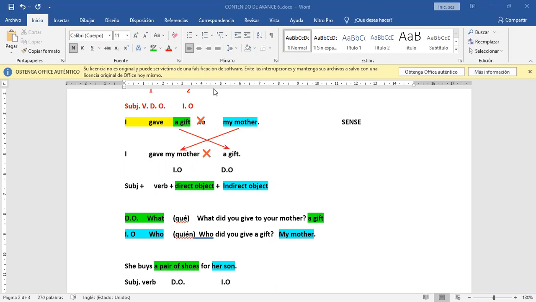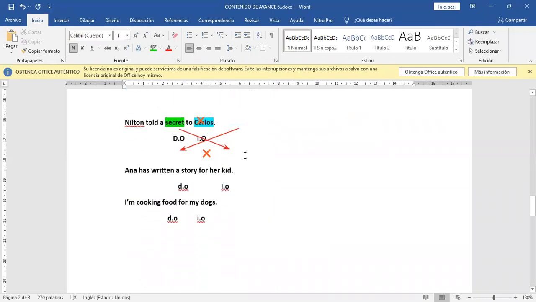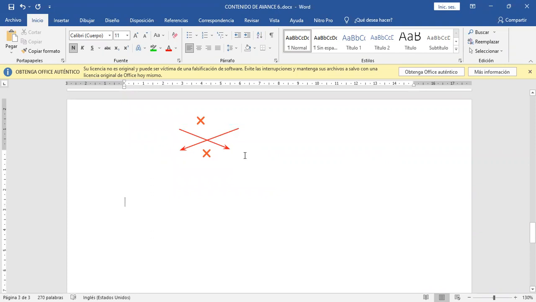Okay. More examples. Also, it says we can use object pronouns. Do you remember the object pronouns?